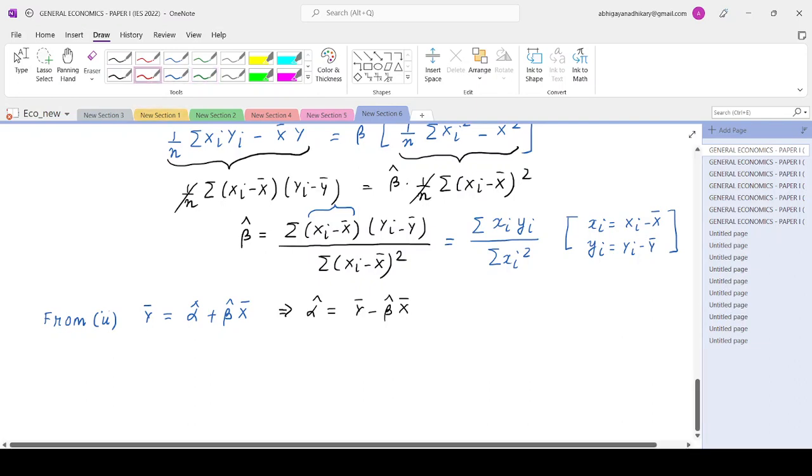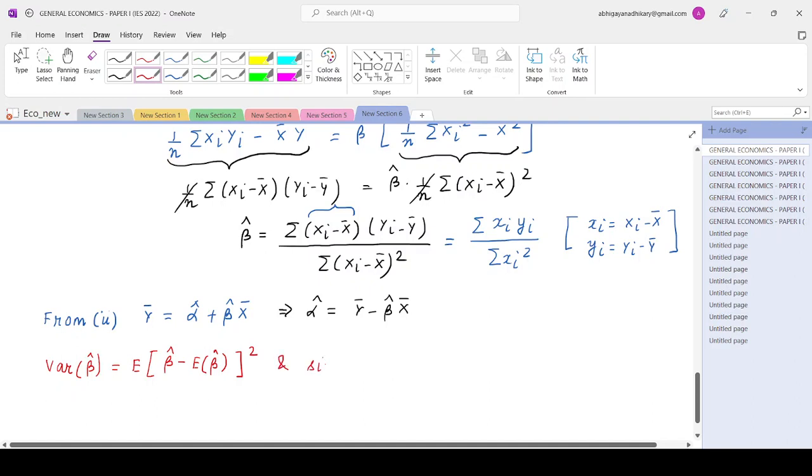For example, if I want to calculate the variance of beta hat, how do we do it? It is basically expectation of beta hat minus its expected value whole square. This is the way this is to be calculated.